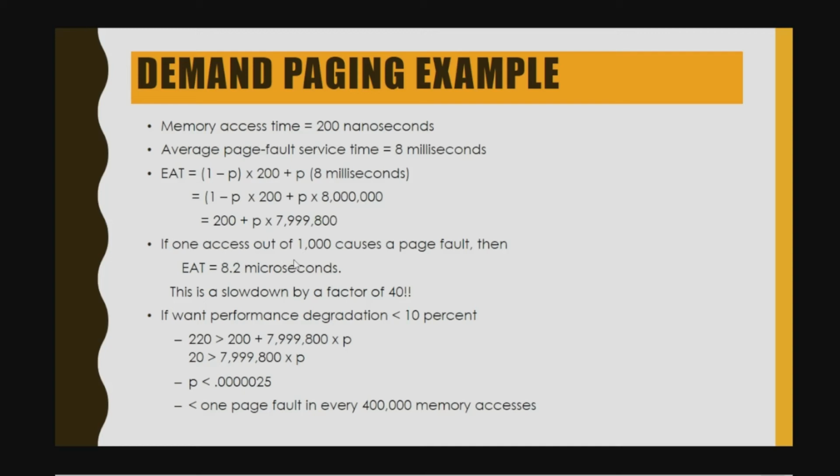If one access out of 1000 causes a page fault, then EAT is equal to 8.2 microseconds. So this is a slowdown by a factor of 40. If we want the performance degradation to be less than 10%, then 220 is bigger than 200 plus 7,999,800 times p.